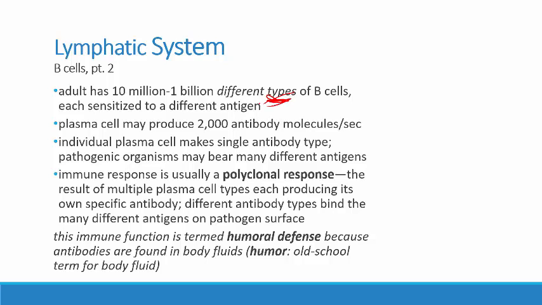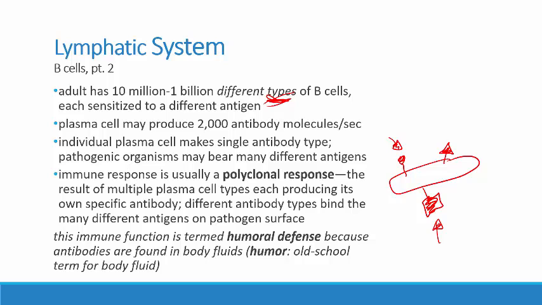So again, individual plasma cells make only one antibody type, but a pathogen, so if we are thinking now of a bacteria, let's say, it has multiple antigens on the surface of its membrane. And so when we start activating B cells, some will be activated to this kind of identifier protein.